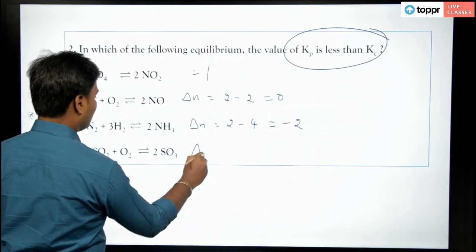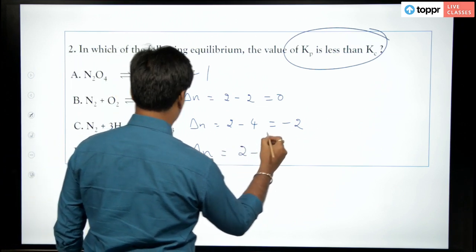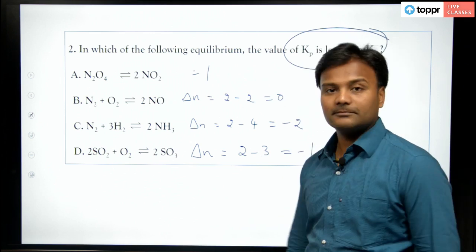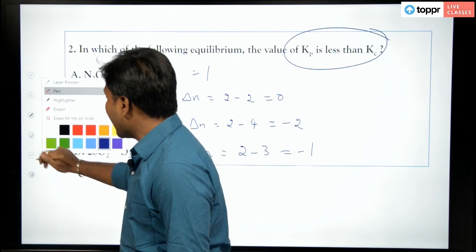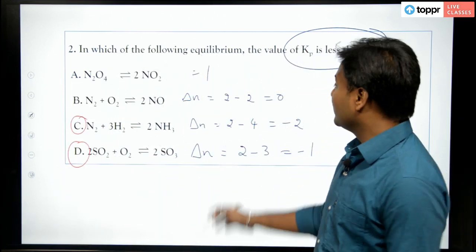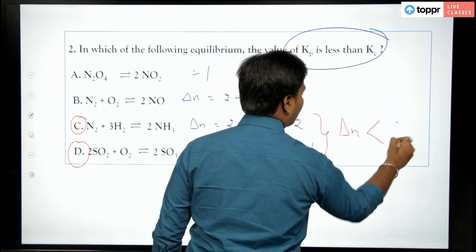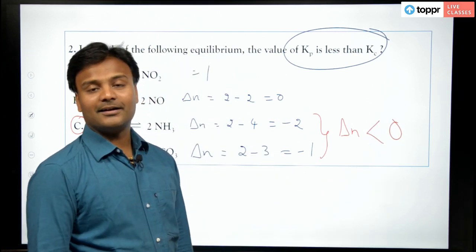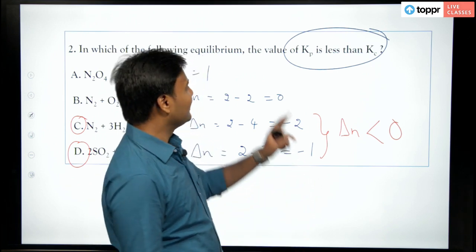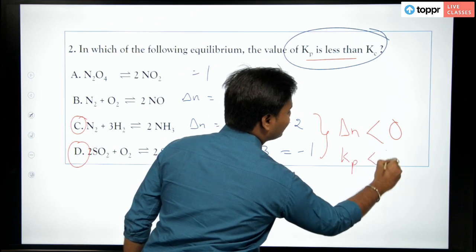Next you have delta n equals 2 minus 3, which is minus 1, which means you have two cases, that is in case of C and in case of D, the delta n values are less than 0. If the value of delta n is less than 0, then Kp will be less than Kc.